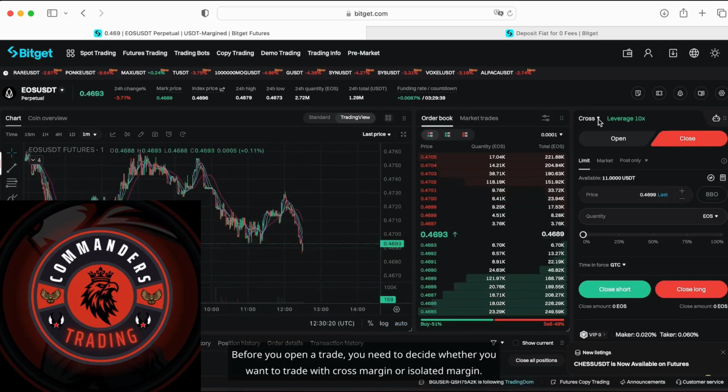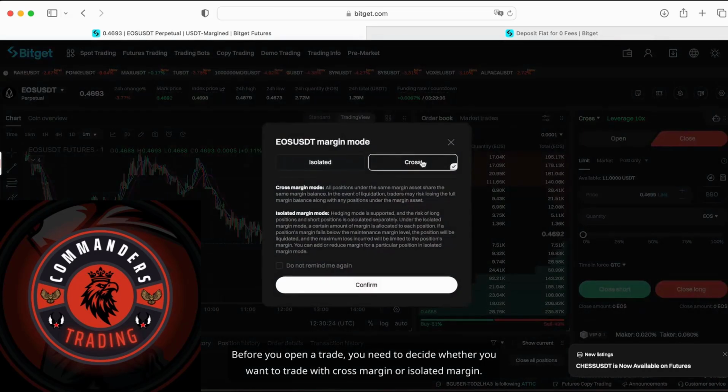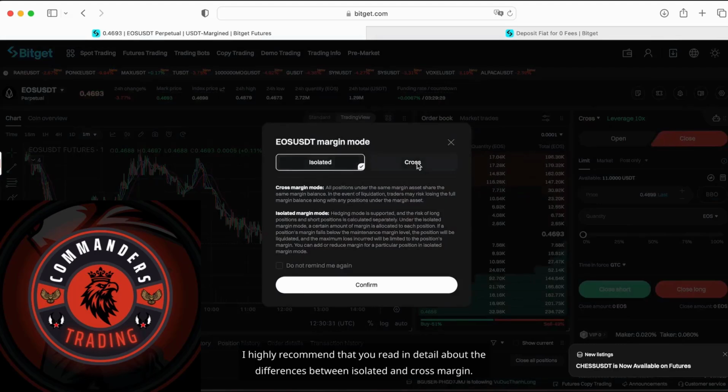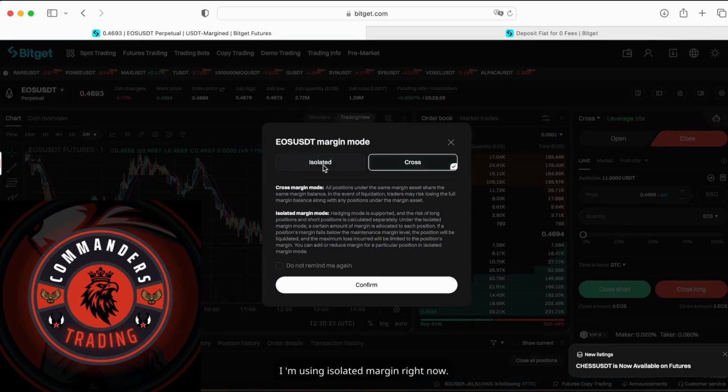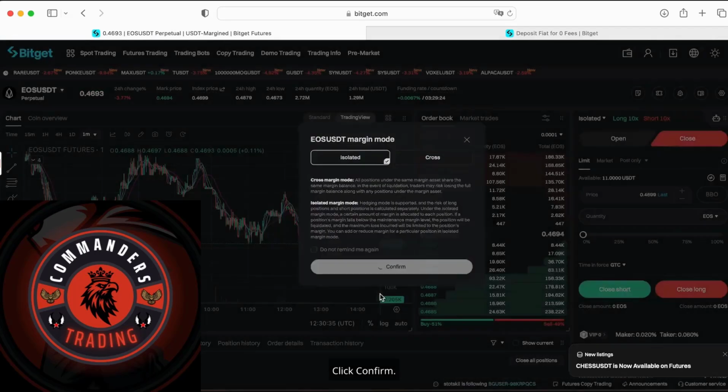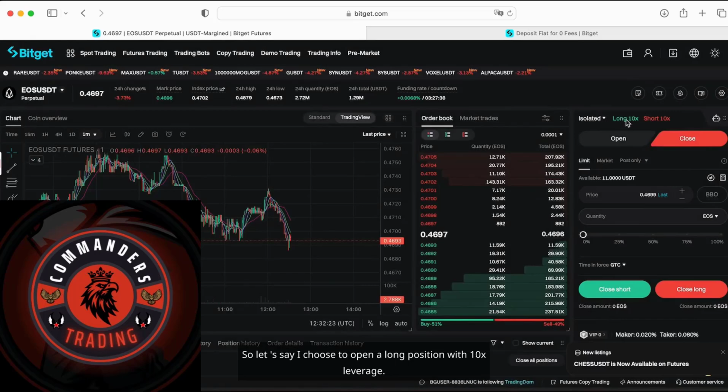Before you open a trade, you need to decide whether you want to trade with cross margin or isolated margin. I highly recommend that you read in detail about the differences between isolated and cross margin. I'm using isolated margin right now. Click confirm. So let's say I choose to open a long position with 10x leverage.